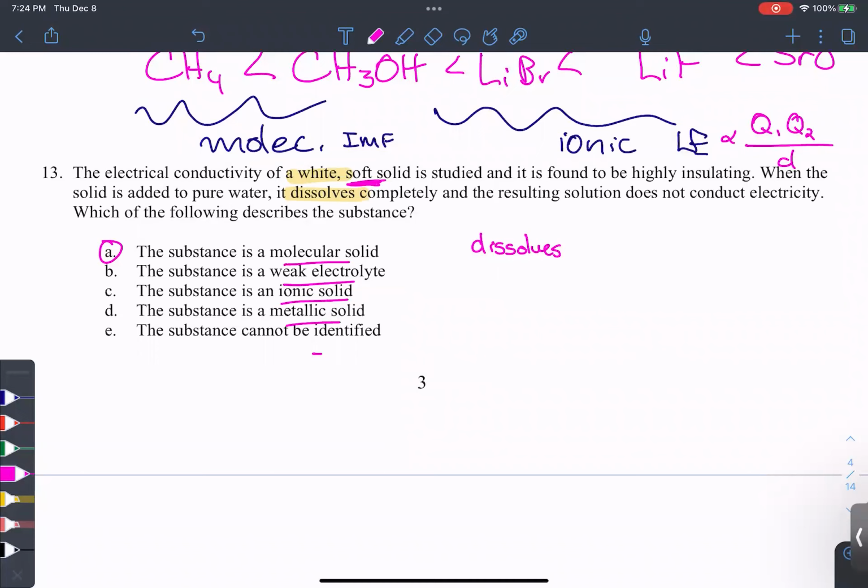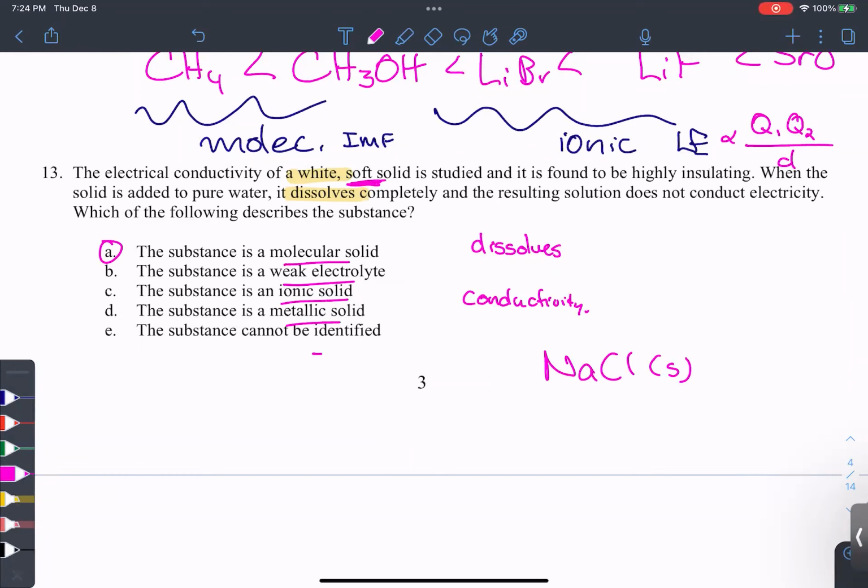Let's look at conductivity. Of the solids, only metallic solids will conduct in their solid phase. Some people will accidentally think, oh, but NaCl solid has ions, so it conducts electricity, but that's actually not true. Ionic solids in the solid phase, their ions aren't freely moving around, so they do not conduct electricity.